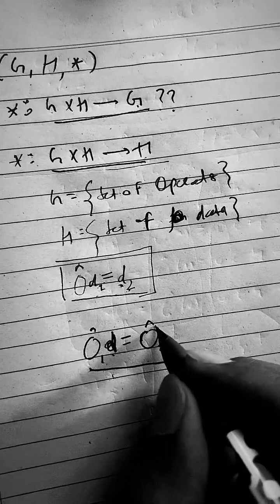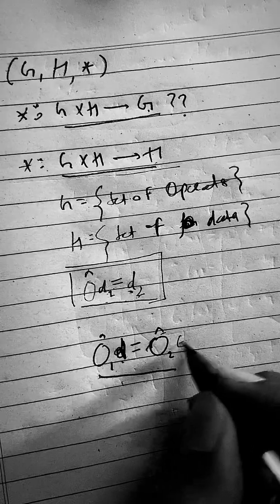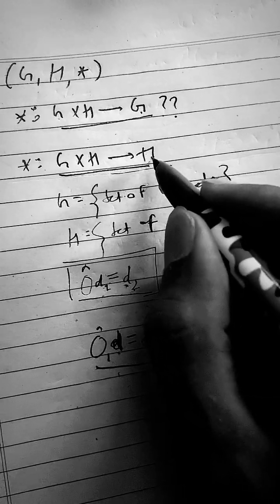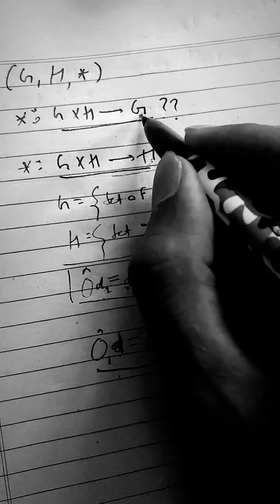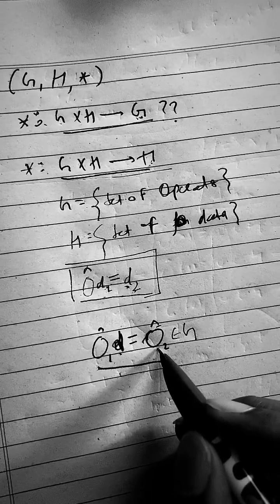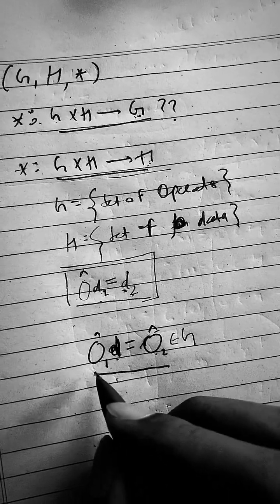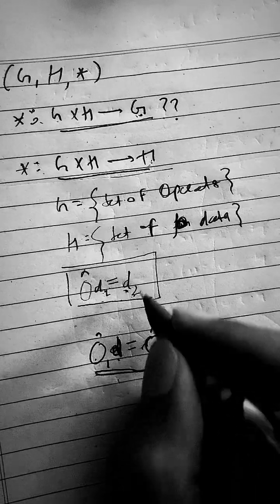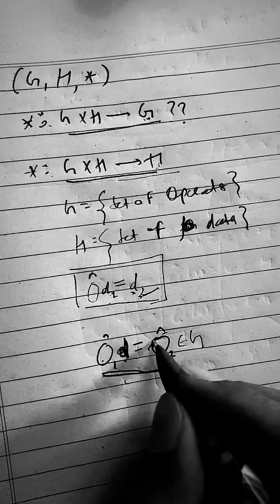So in this structure, this O should belong to G itself, because it is an operator, not data. That is why this is H. This is G, because the output should be in G, because the output is always an operator. But how is this possible? An operator acting on some data should produce data, but it is producing an operator.